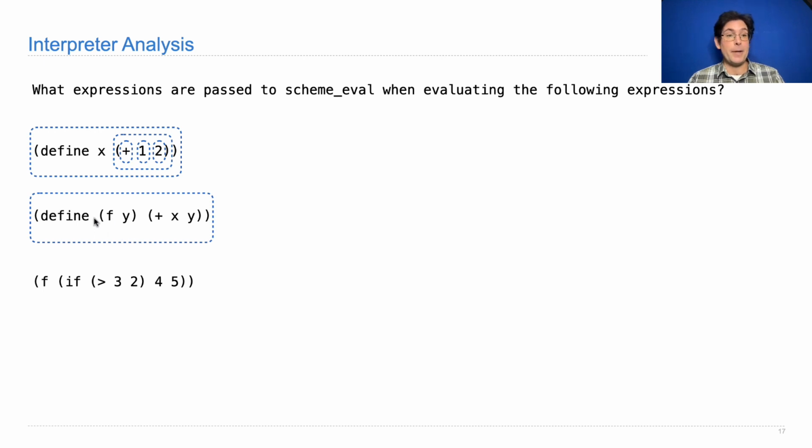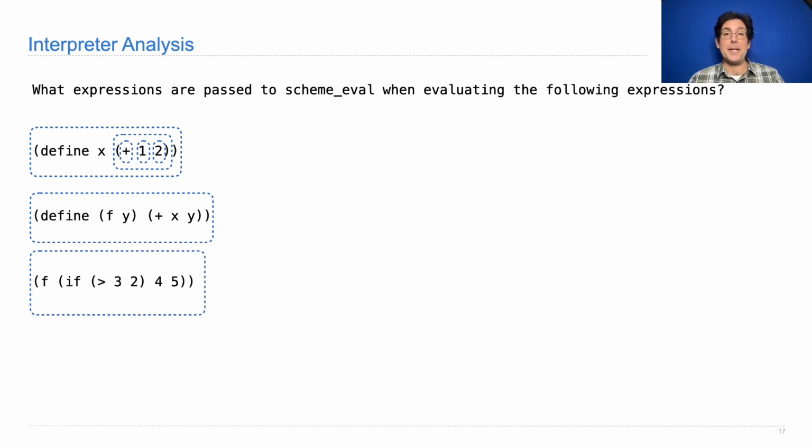F isn't evaluated because F might not exist. Y is just a placeholder for what will eventually get passed into F when it's called, but that doesn't get evaluated either. And here's the body that's just getting squirreled away within the procedure F and has yet to be called. So in fact, there's only one call to scheme eval when evaluating this large combination.